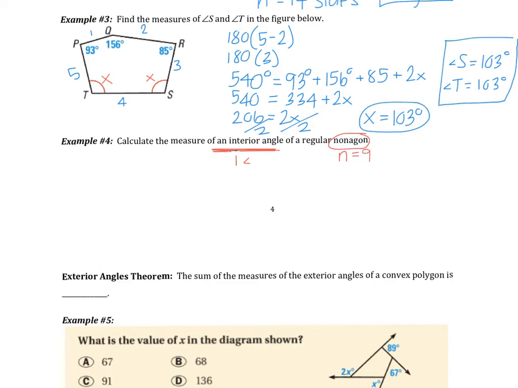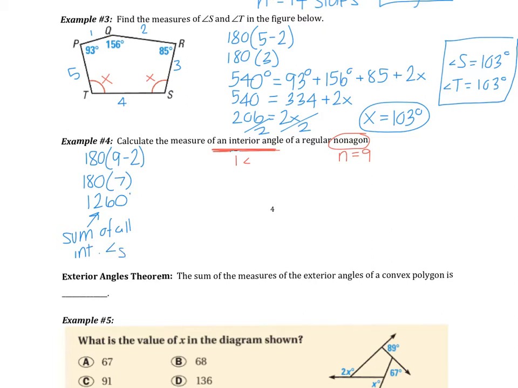First thing, plug into my formula, 180 times n minus 2, in this case 9 minus 2. 180 times 7, so 1,260. This measure is the sum of all interior angles. However, I want one angle.